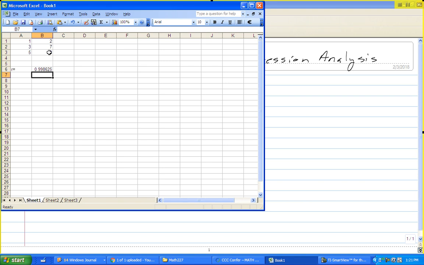Okay, so that's, again, I made it almost exactly 100% aligned.